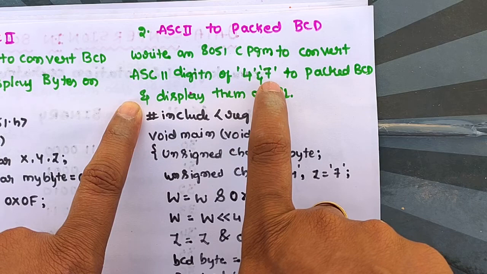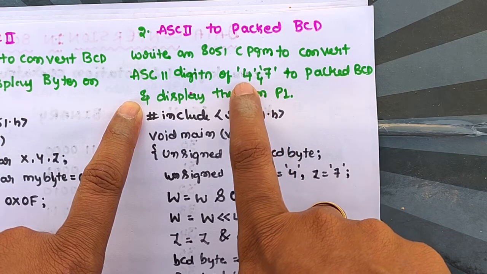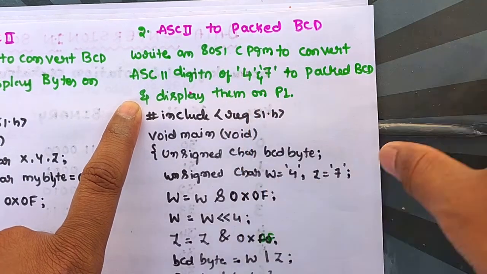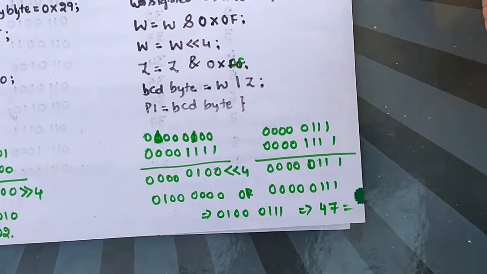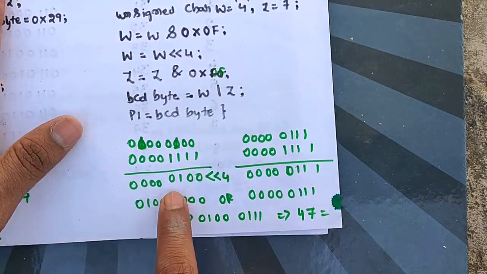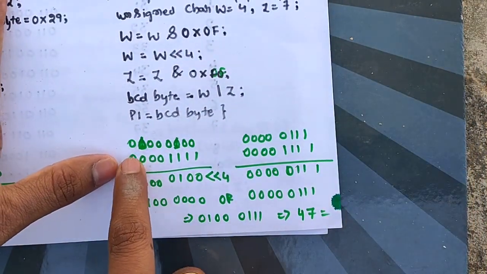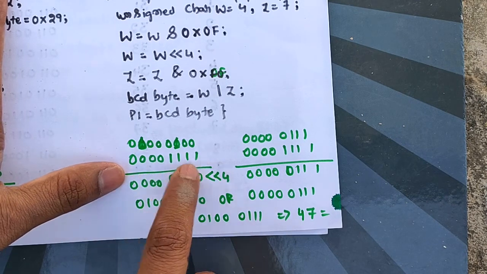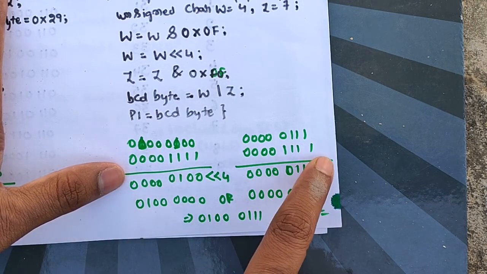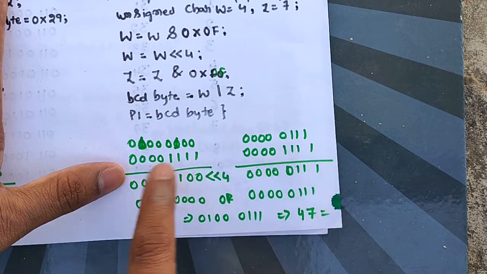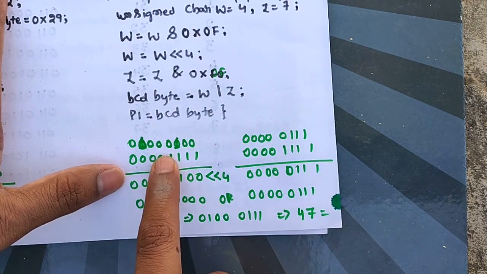So these two ASCII values in BCD will look like 47. That can be performed by logic. The same procedure you need to follow, but instead of F0 you need to AND with 0F for both values.